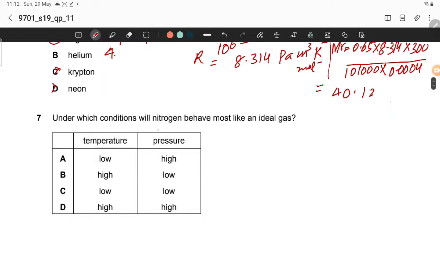Under which conditions will nitrogen behave most like an ideal gas?